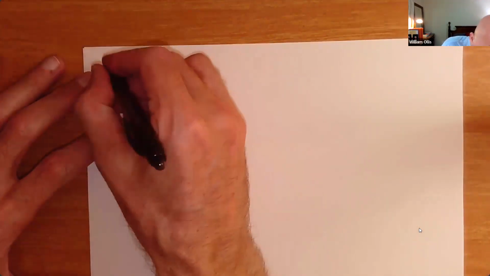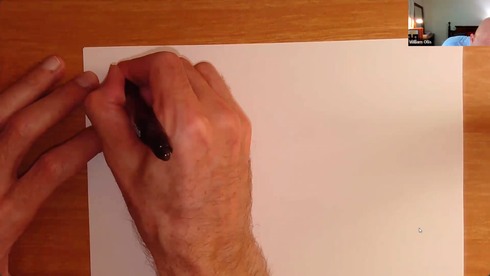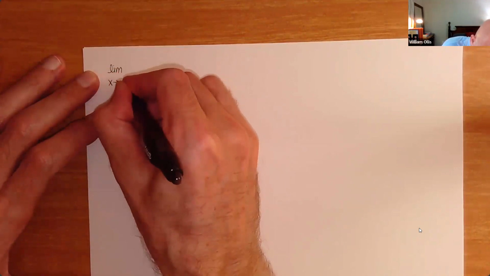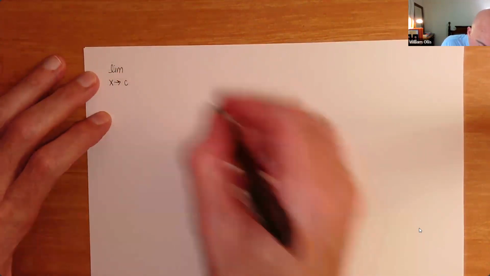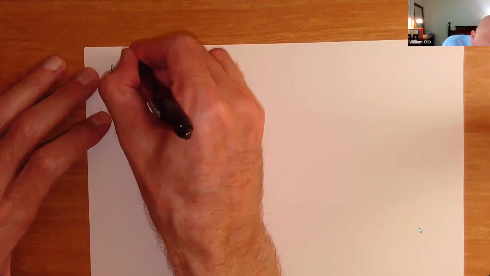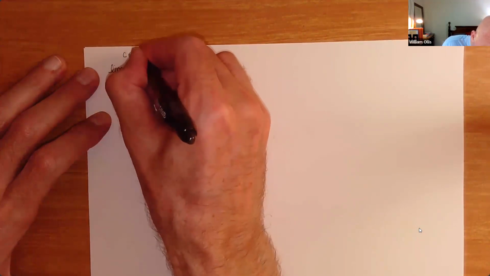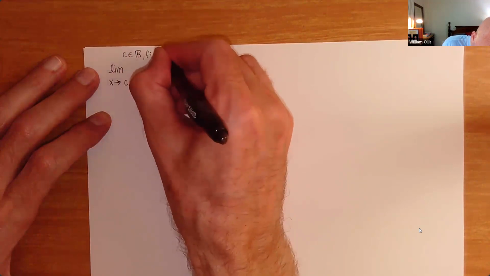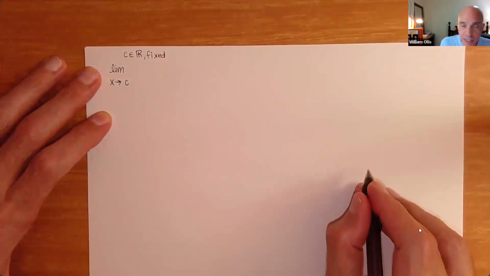So what we're going to say is the limit as x approaches c. In this particular case, we'll say c, an element of R, is fixed. And when we say fixed, it's a constant.